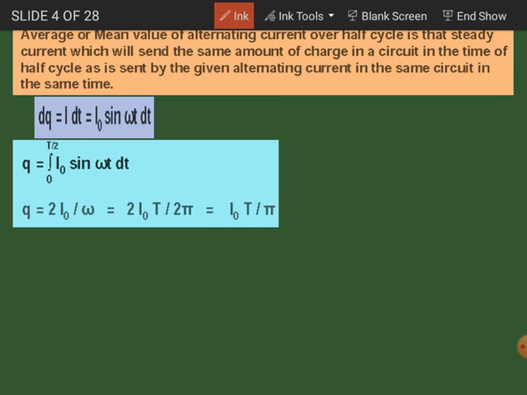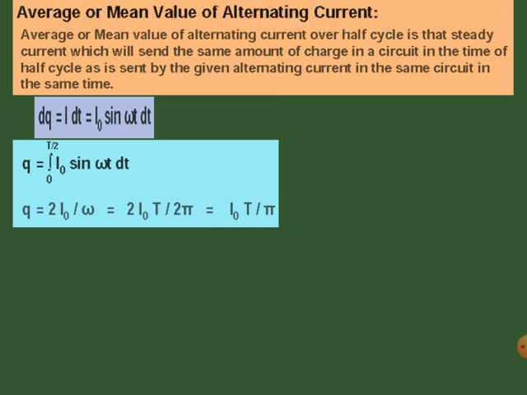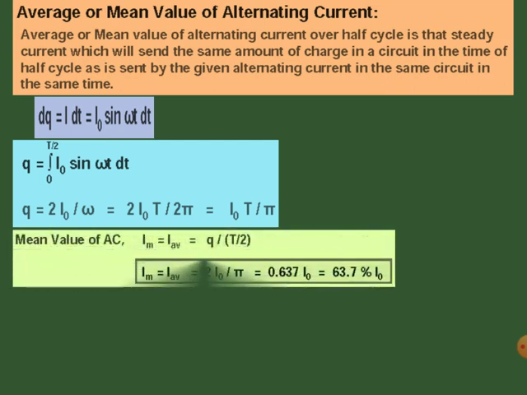So when steady current or DC current is passed through the circuit for the same time of half time period, then the amount of charge will be given by what? I_m is equal to Q divided by T by 2. That means your mean or average value will be equal to this.